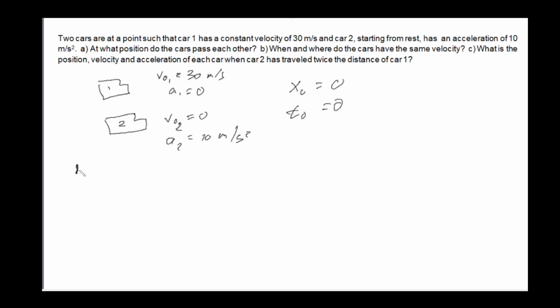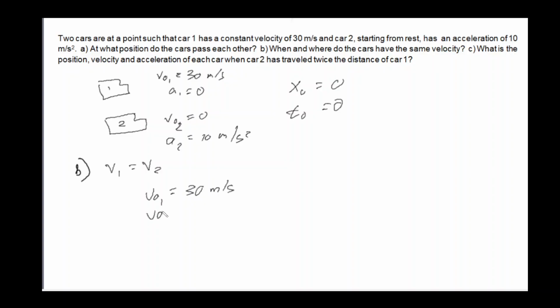Moving on to B. When and where do the cars have the same velocity? So that would mean we want to know when the velocity of car 1 is equal to the velocity of car 2. We know that for car 1, the initial velocity is 30 meters per second, which remains constant.